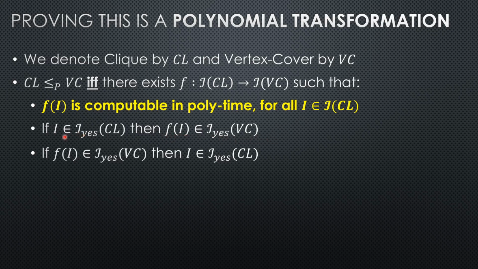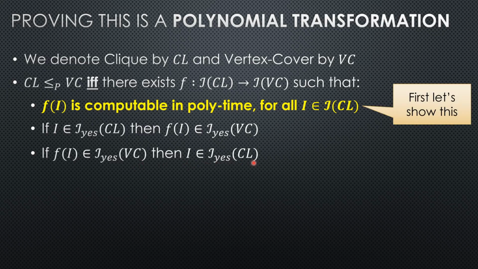So what we're saying here is, if there is a k-clique in the original graph, then there is an n minus k vertex cover in the transformed graph. And this last line is saying, if there is an n minus k vertex cover in the transformed input, then there is a k-clique in the original untransformed input. Okay, so that's what we're trying to prove.